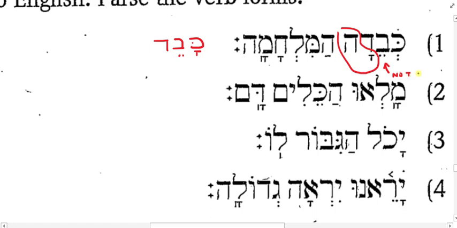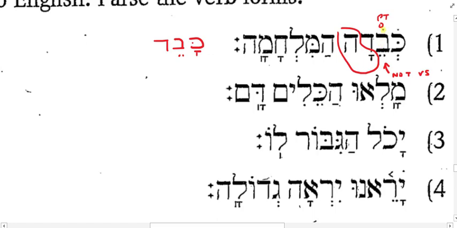It's not a vocal shava. It stayed put. Okay? If this were a verb, what would happen to my open pretonic syllable? What do verbs do with syllables that become open and pretonic? Verbs reduce those to vocal shava.